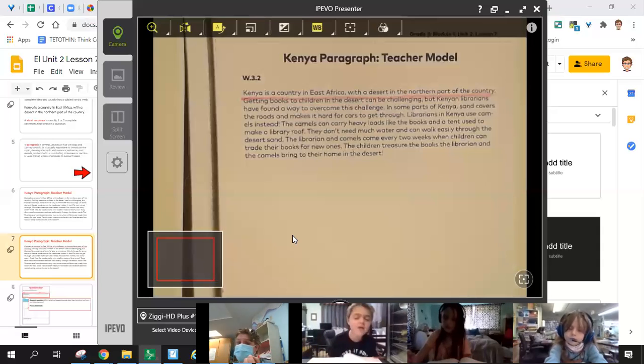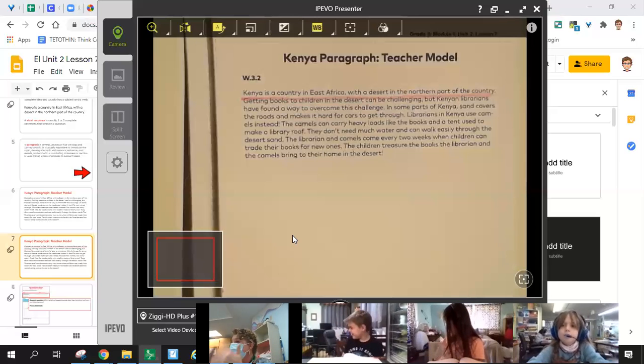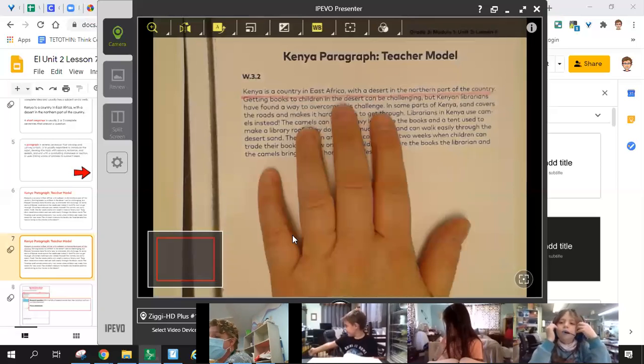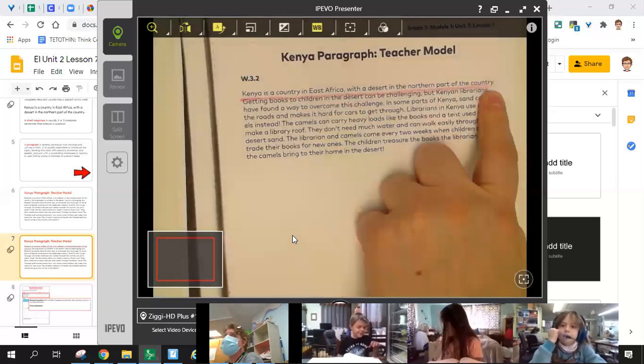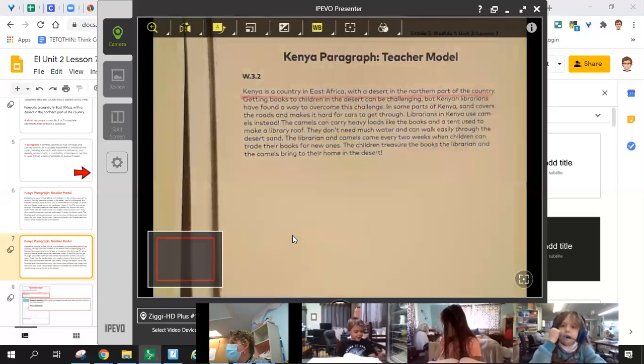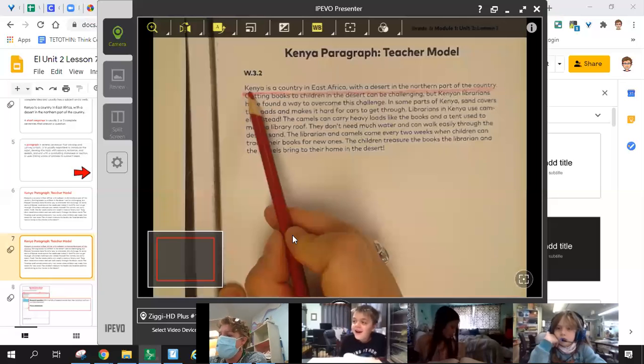Did you have an idea of what that might be like in your head? Okay, it's great to give the reader that idea as well, because then they have that kind of picture in their head as they are reading. In the northern part of the country. So that also tells us that what we're talking about right now is not necessarily all of Kenya, but right now we're focusing on the desert part. Okay, so that is our introduction.